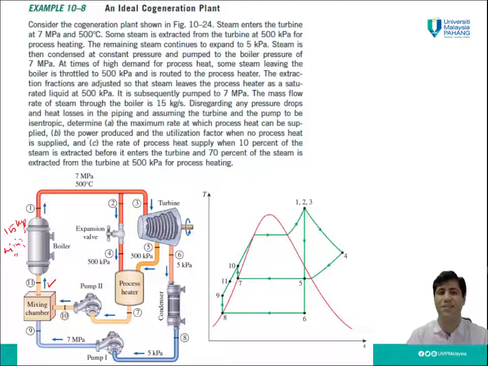So you can see different conditions A, B, and C. When this is closed, this closed, everything goes for electricity production. When this is closed, everything will go to the process heater, and when we have a fraction, just a fraction of the steam will go to the process heater, we have both the turbine and process heater in the system.